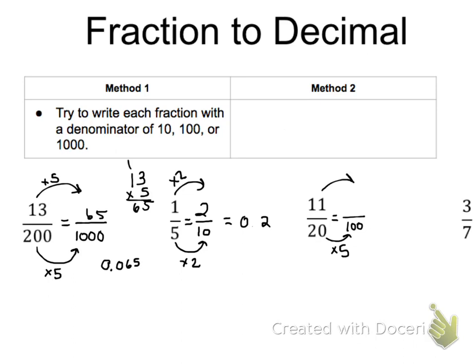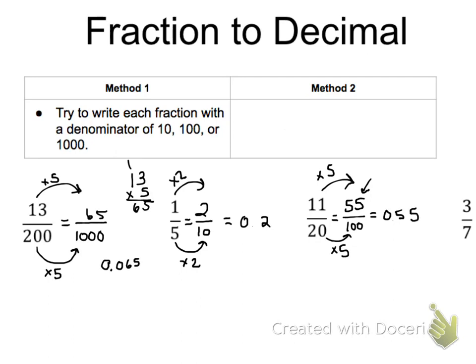So then I'm going to multiply my numerator, or the 11 times 5, and that would give me 55. So I have 55 hundredths. If I want to write that as a decimal, I need my last digit here to be in the hundredths place. So that means it would have to be like this, 0.55.